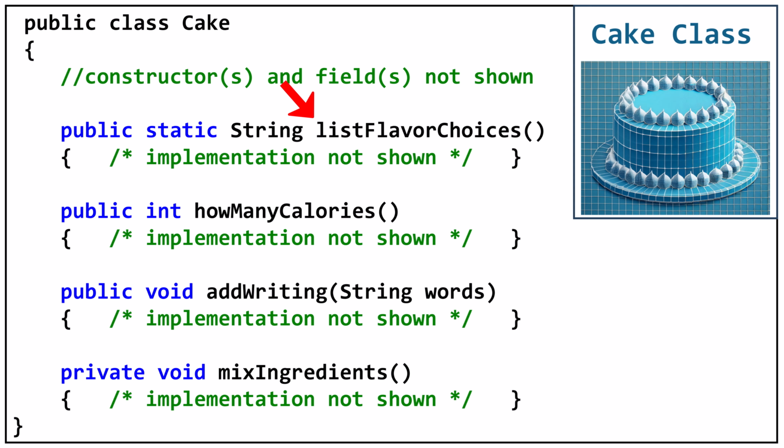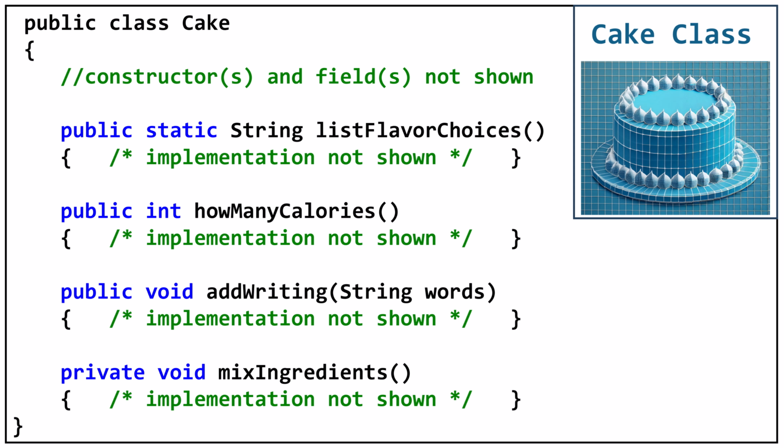We don't actually need to make a cake to call listFlavorChoices. We can call the behavior from the cake's blueprint. Compare that to howManyCalories, which doesn't have the word static. As a non-static method, it must be called from a cake object. Different cake objects will have different numbers of calories, so it makes sense that this will be a non-static method.